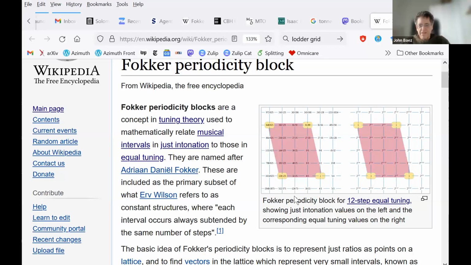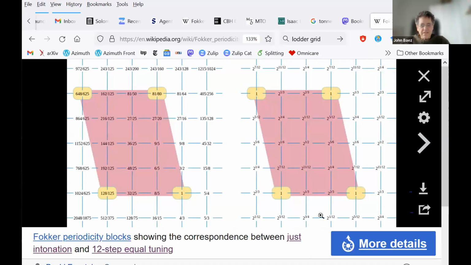Go ahead. Yep. So this thing is called a Fokker periodicity block, which seems like it's a Tonnetz, but this should be pretty similar to what you're talking about, except that they're using the major third and the major fifth as the two generators here instead of the major third and the minor third.